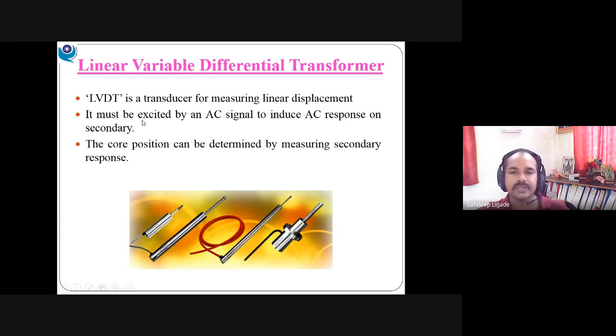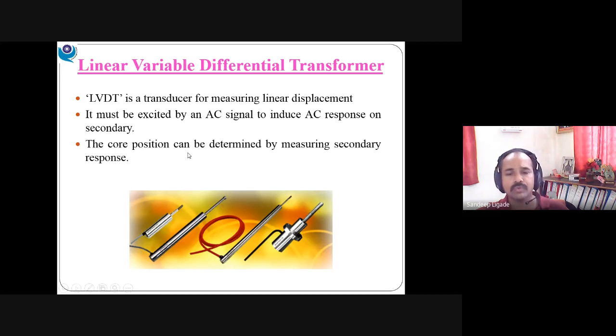So LVDT works on transformer action. We'll see later on. LVDT is a transducer for measuring linear displacement, basically. And second point, it must be excited by an AC signal to induce an AC response on the secondary. Obviously, I have already told that it is based on the transformer action, and for the transformer we need an AC source. The core position can be determined by measuring the secondary response.